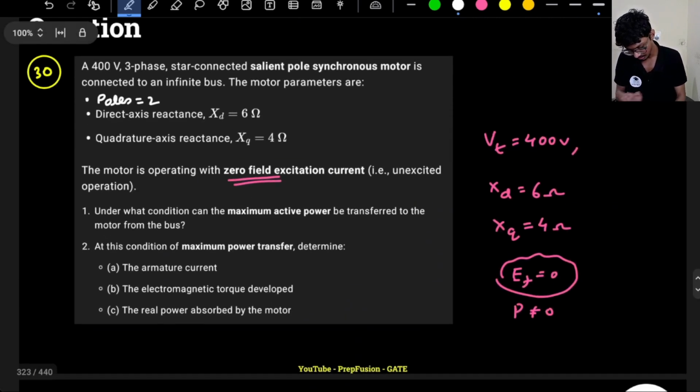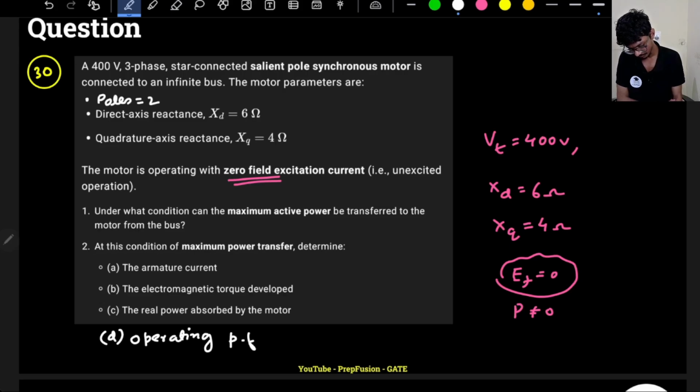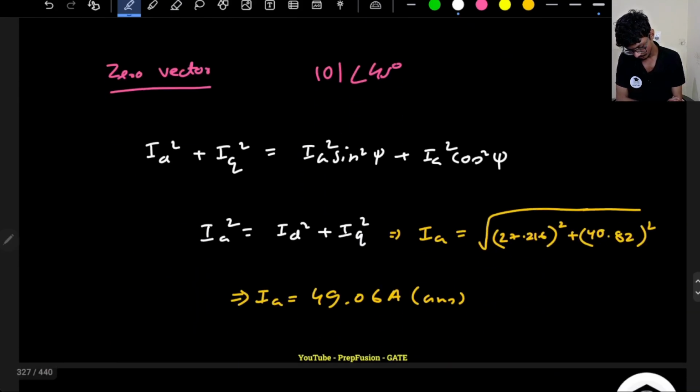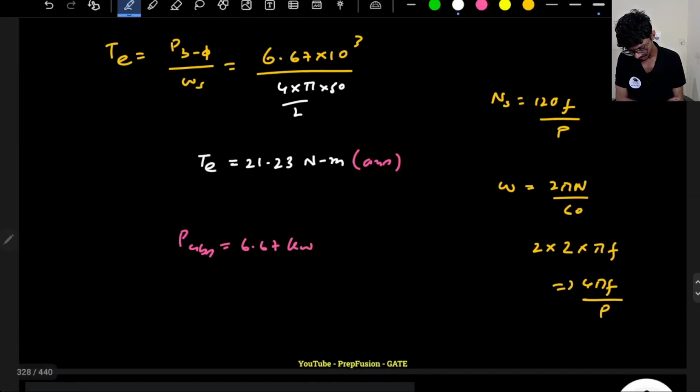Here I could have asked the operating power factor. So the operating power factor cos theta will be what? This will be the next answer.